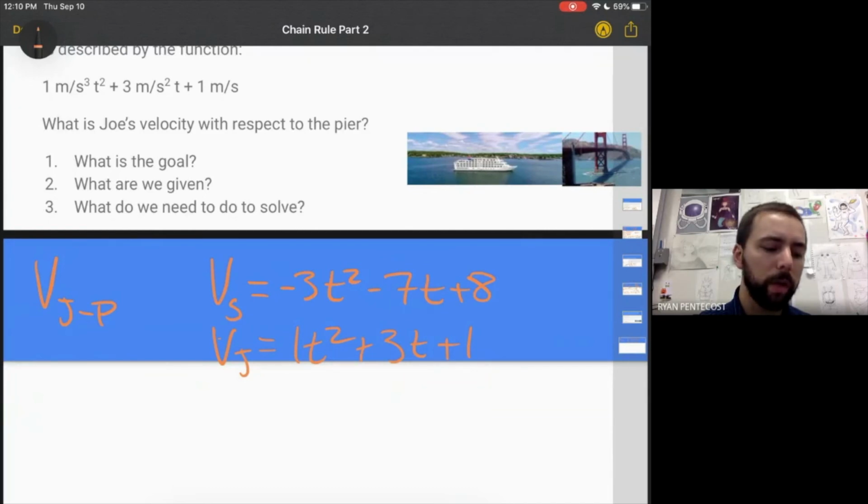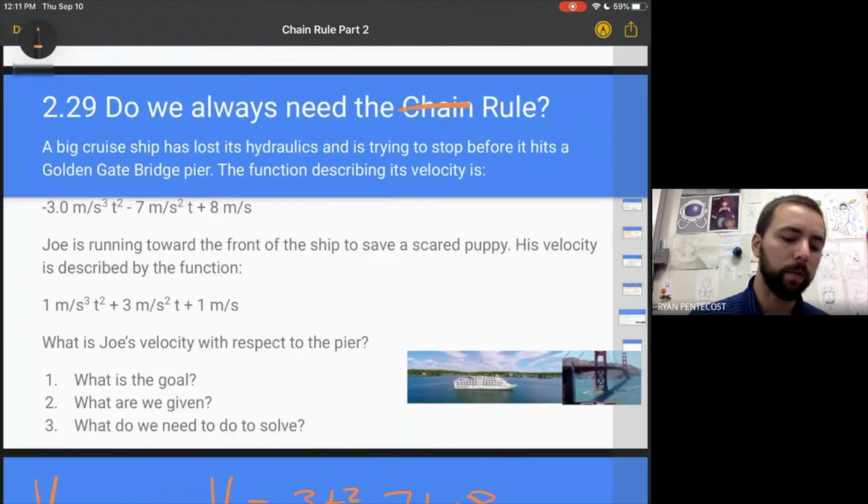Here, we're not looking at how Joe's velocity is changing with respect to time, or even how his position is changing with respect to time. We want to know his velocity with respect to the pier. So this does not seem to be a chain rule problem.